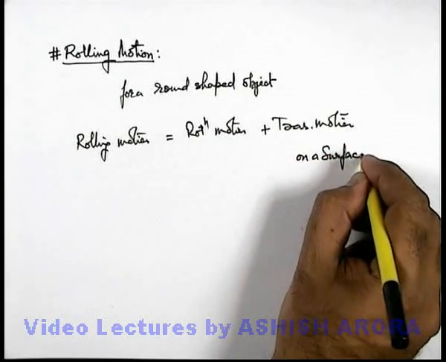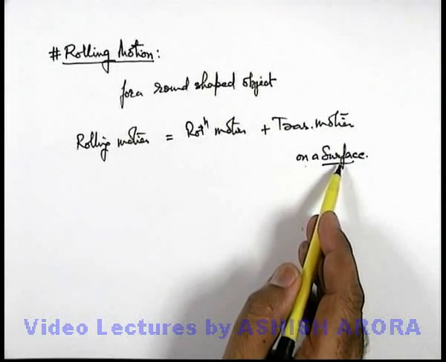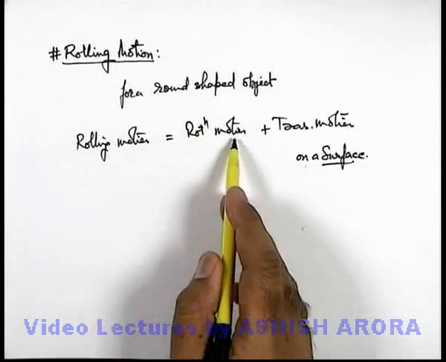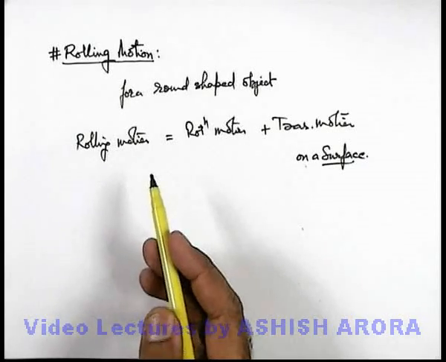To be more precise, when we are given a round-shaped object on a surface, and if it is rotating as well as translating, the resulting motion we define as rolling motion.